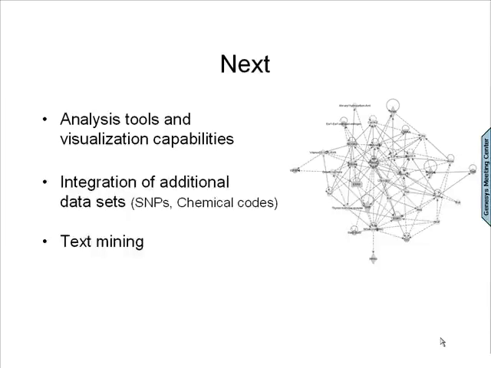We're not hoping to replace manual curation, but to use it in combination with manual curation to do an even faster job of pulling out the particular pieces of information of interest and increase our coverage.